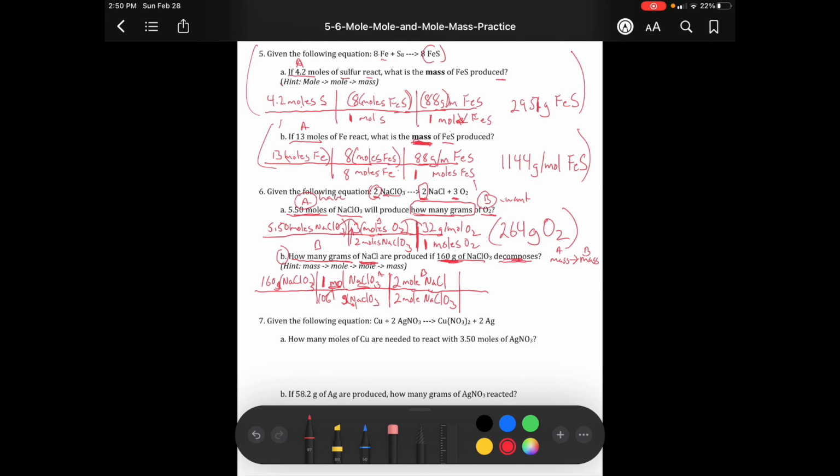And now we can't stop there. We are at substance B right here, but it's asking us how many grams, how much mass. So now we have to go back, and we have moles on the top of NaCl, so we're going to put 1 mole NaCl. And how much is the molar mass for 1 mole of NaCl?